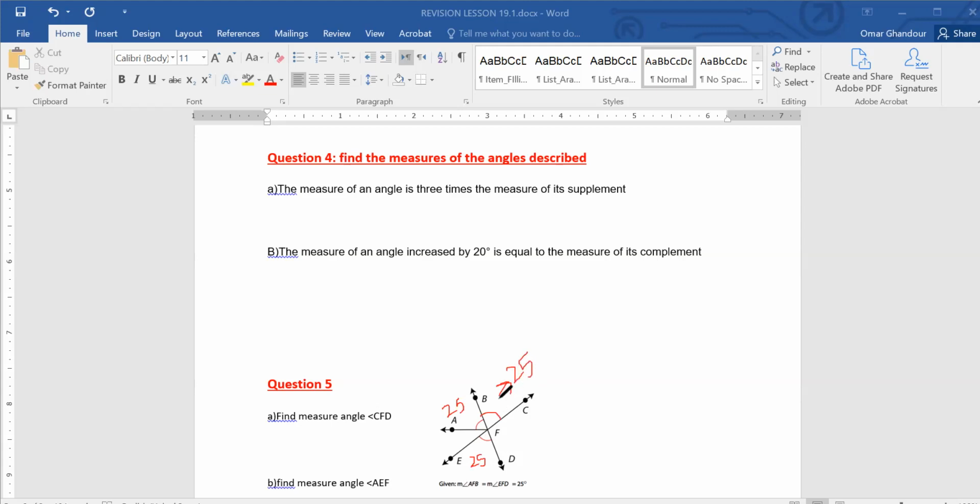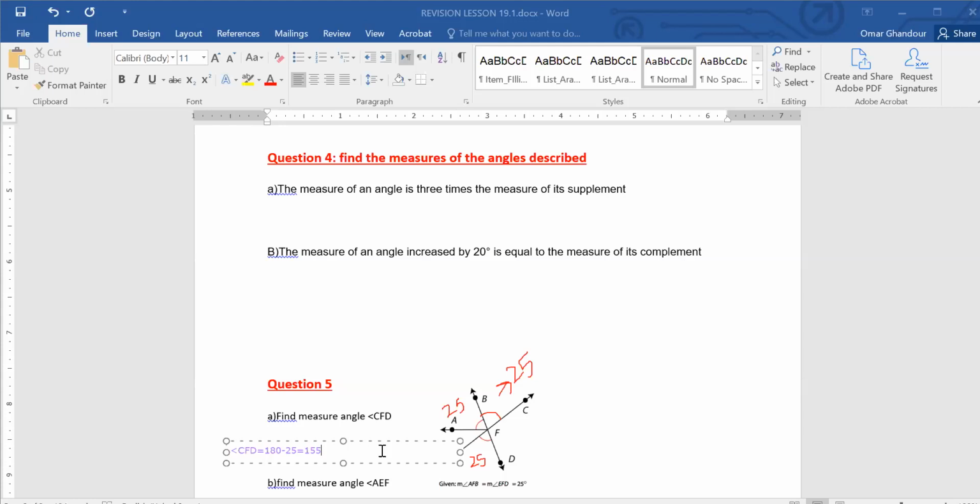If I know this to be 25 and these two angles added together are 180, can I find CFD? Yes. So angle CFD is going to be 180 minus 25, which is 155 degrees.